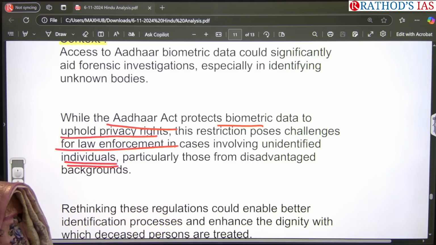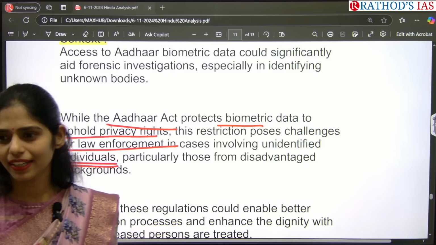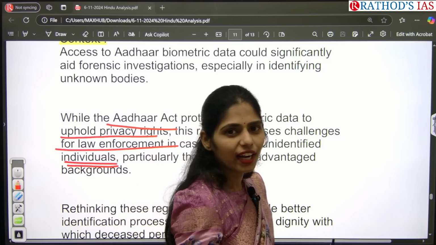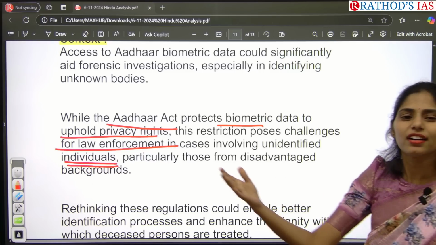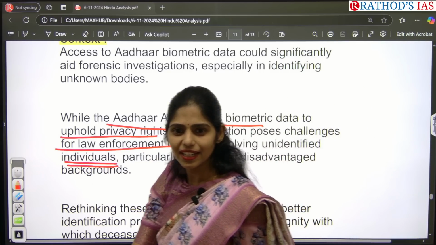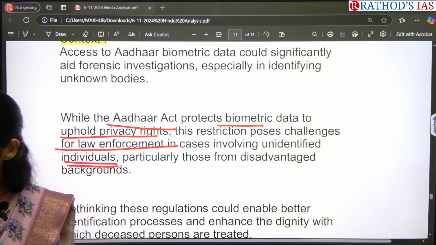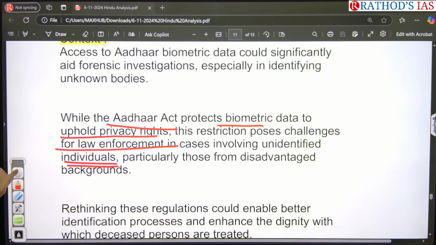So if you want to chase those kind of cases, obviously you need this biometric data like fingerprints or facial recognition or any iris scan. Then only you can identify at least the name of that person or address of that person you will be getting in that Aadhaar data. And it is easy to solve those cases.